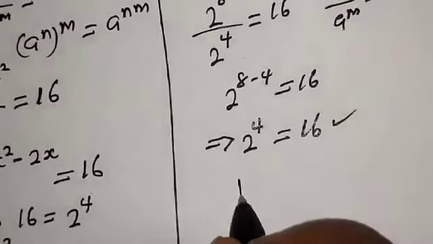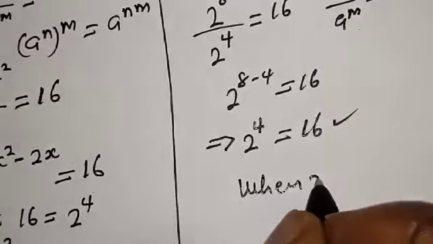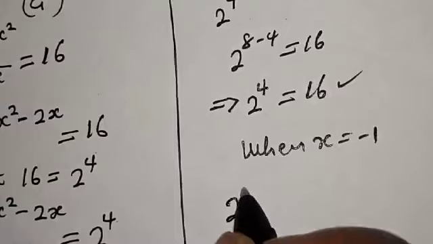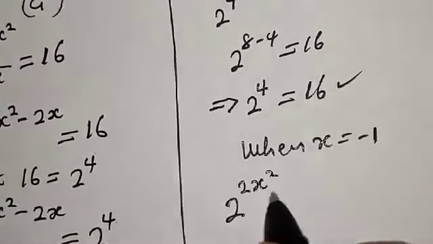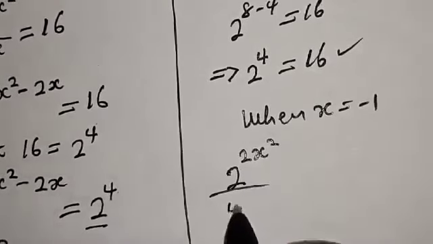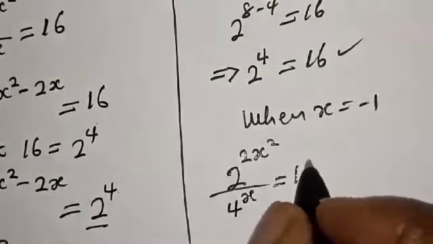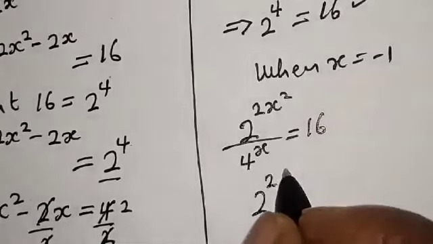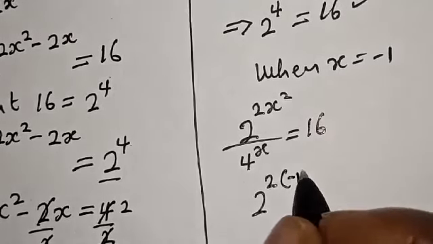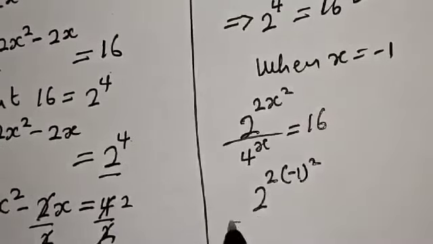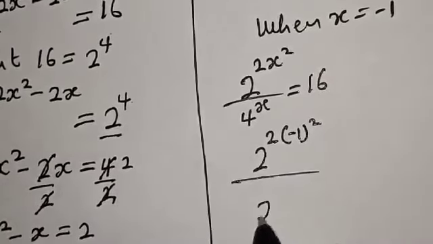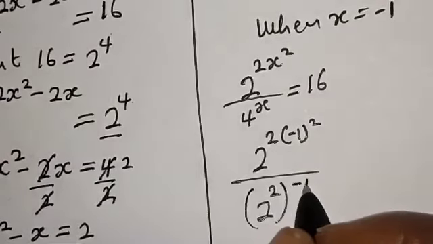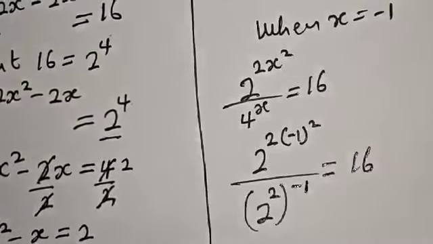Let's check when s is equal to minus 1. Then we have the given equation 2 raised to power 2s squared over 4 to the power of s is equal to 16. Then 2 raised to power 2 bracket minus 1 squared over 2 squared raised to power minus 1 must be equal to 16.